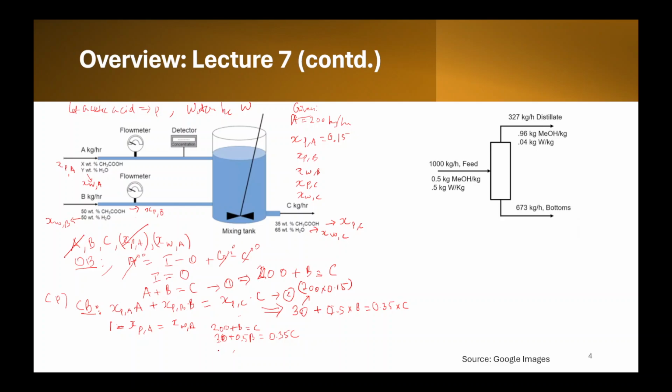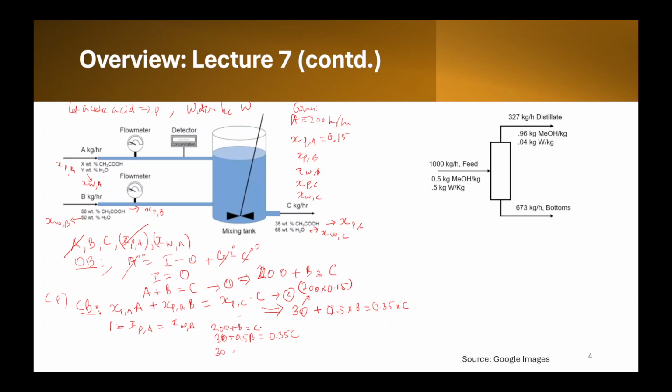If you solve them, you can get the answer for B and C. How to solve them is that you can substitute the value of C. So C is 200 plus B.